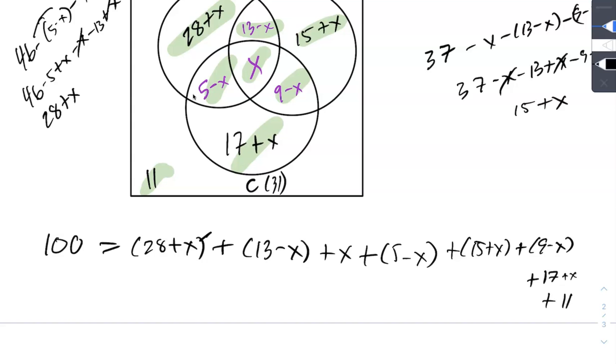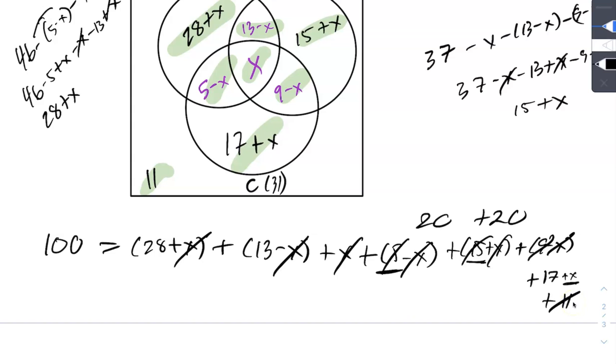Let's see. This x and this x cancel. This x and that x cancel. This x and that x cancel. There's only one remaining x right there. Let's try to add these the smart way. Like 5 and 15 gets me 20. So these are gone. 9 and 11 gets me 20. 13 and 17 gets me 30.